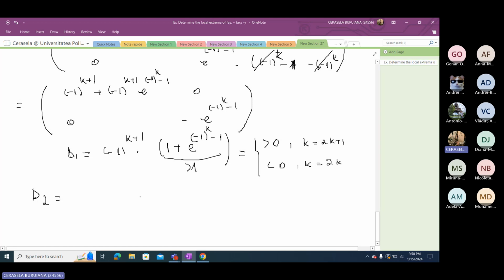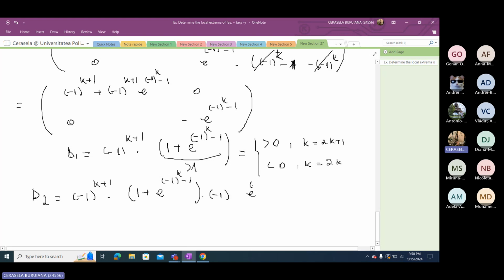Good. Delta 2 will be the product of (-1)^(k+1) times 1 plus the exponential power and so on, times minus 1 times the exponential.